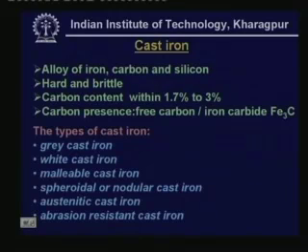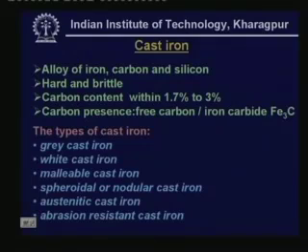However, we do have different types of cast iron available. Now, what are those cast irons? They are grey cast iron, white cast iron, malleable cast iron, spheroidal or nodular cast iron, then austenitic cast iron and abrasion resistant cast iron.